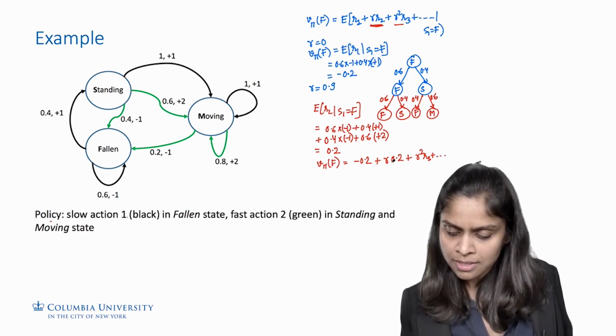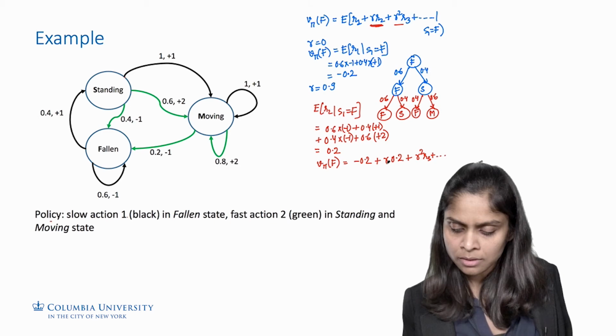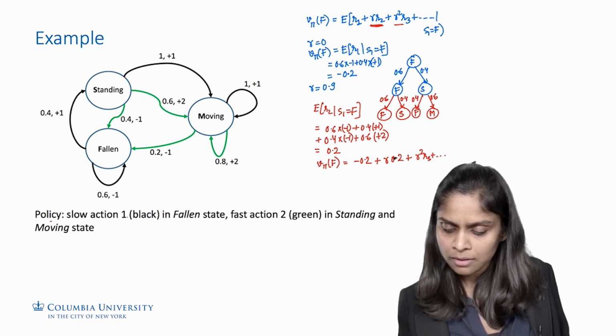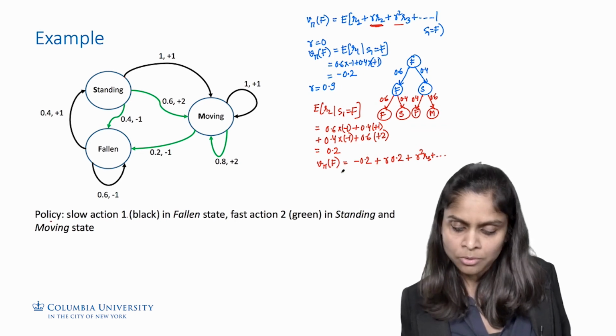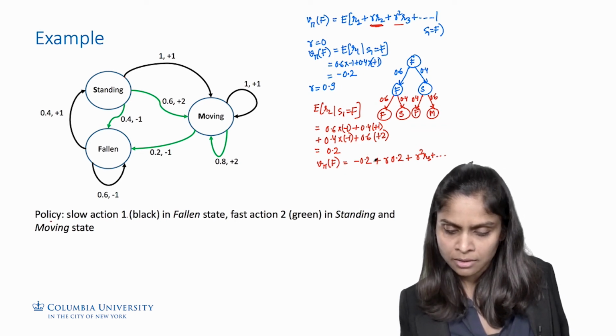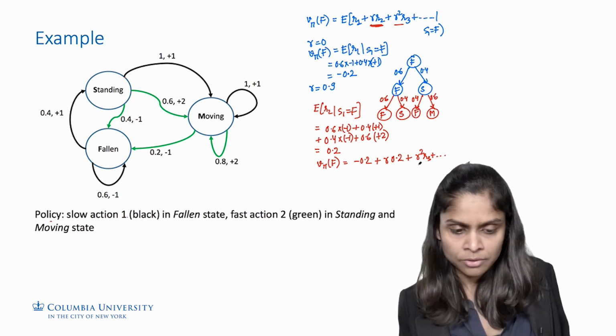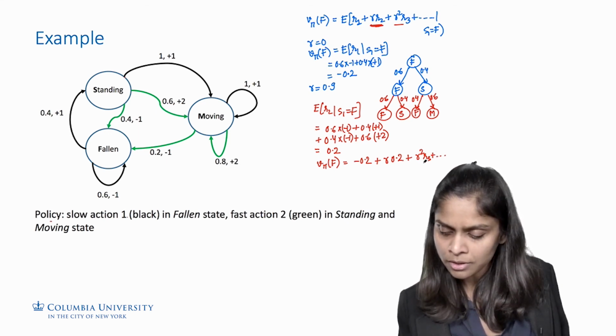So we can already see that if gamma is close to 1, then the value of trying to stand is not negative. If we really wanted to compute the accurate value function, we would have to evaluate the further terms.